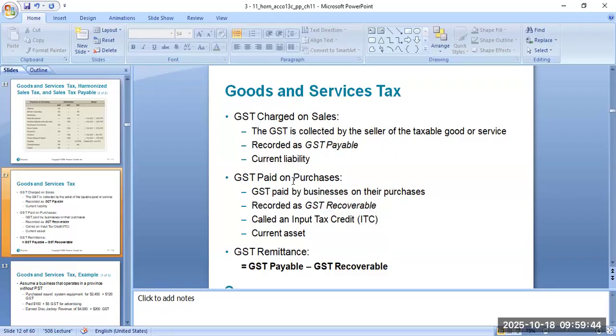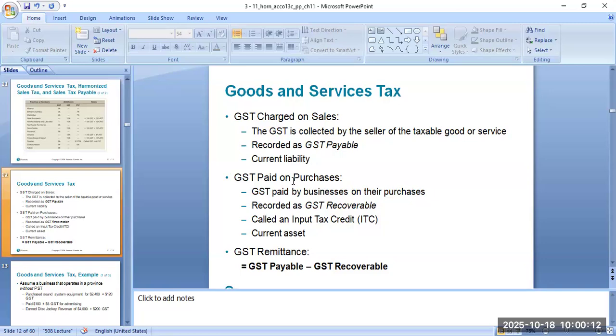That GST, which the corporation or entity pays, is recorded as GST recoverable, also called the input tax credit. That is a current asset, compared to the GST payable, which is a current liability.